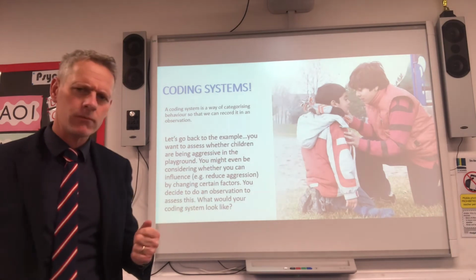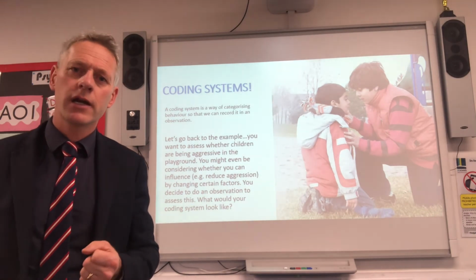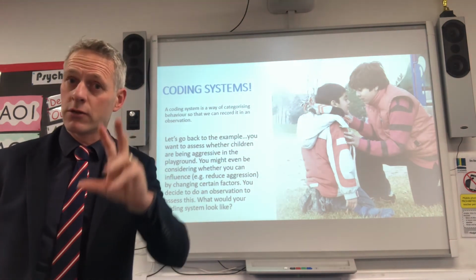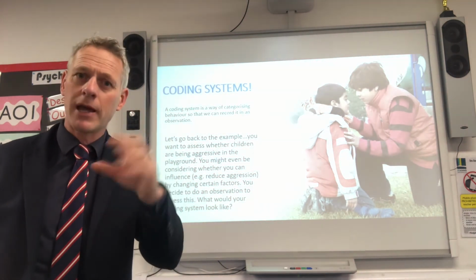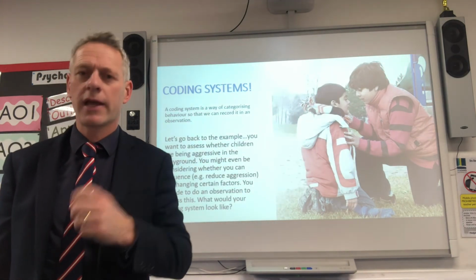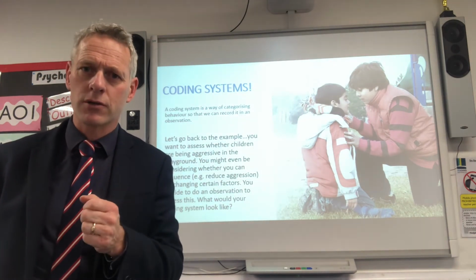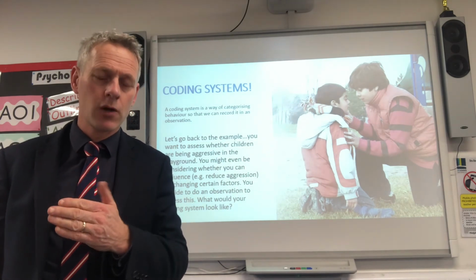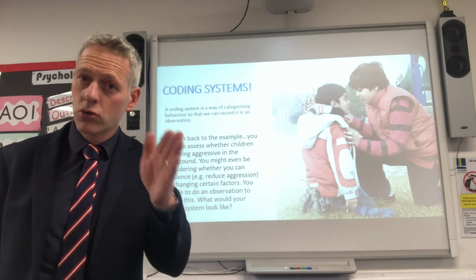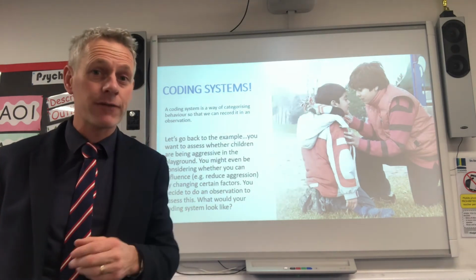Here we would create a coding system so that we break down aggression, that type of behavior, into specific behaviors. A push, a shove, verbal aggression, whatever it might be. We code the behavior so that we have a chance of recording it by its very definition.